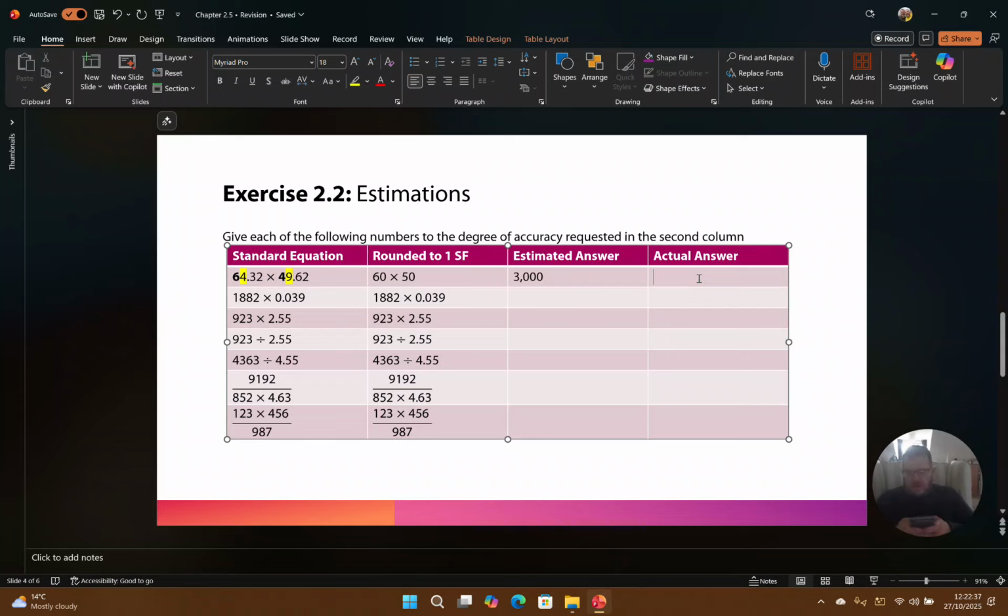It would be better to do it on the calculator. So it's 64.32 times 49.62. And there's where we are at that point.